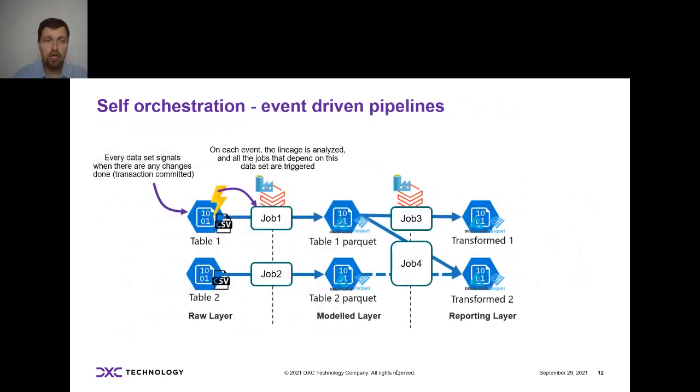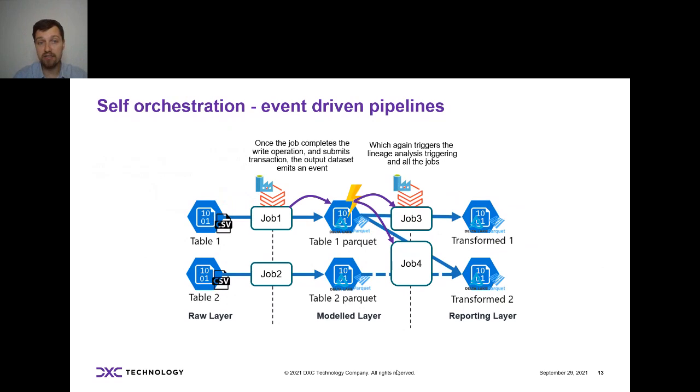I mentioned we have in our framework a way of signaling when the transaction is committed. It doesn't matter if it's the database or a blob storage, we have this, right? So that basically means if anything is written to the data set and a transaction is committed, an event is emitted, and then dynamically we can analyze the full lineage, pick out the jobs that depend on this data set, and simply trigger and run them, right?